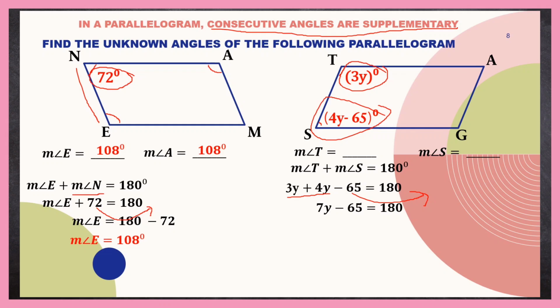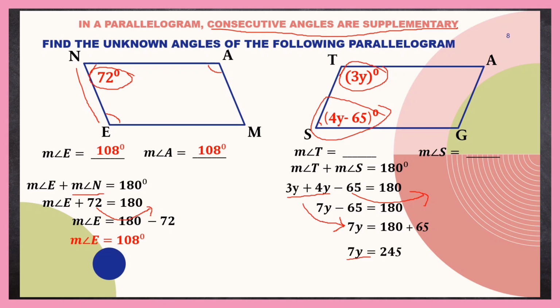So the new equation, we have 7y minus 65 equals 180, and 7y equals 180 plus 65 because 3y plus 4y is 7y. Okay, then after that, 180 plus 65, so we have 245.